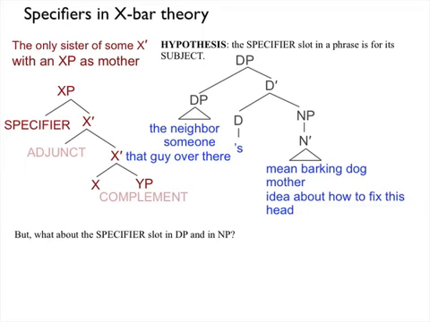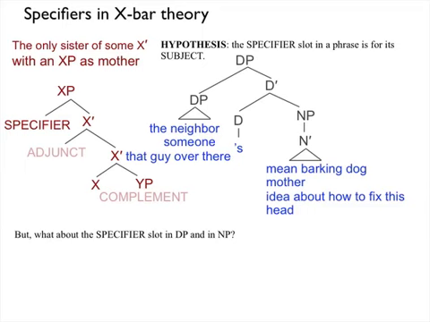Originally, it's kind of interesting, this position got to be there by accident. It was known that there had to be several layers, and a top layer, and no one quite knew what to put in that layer right underneath the DP, where the mother is the phrase level thing, and the sister is an X bar thing.